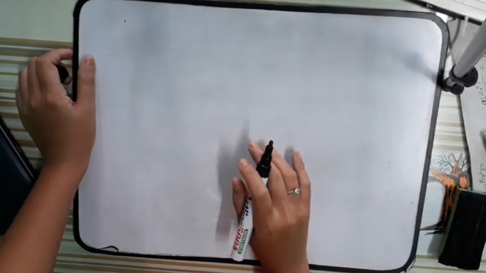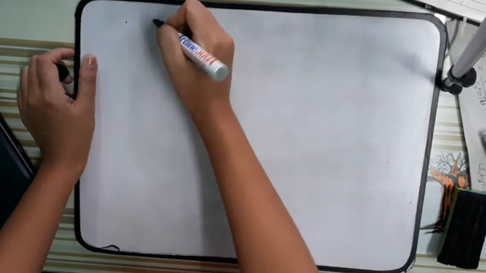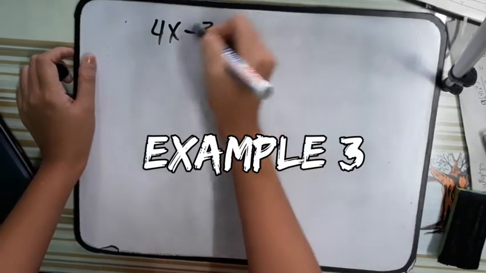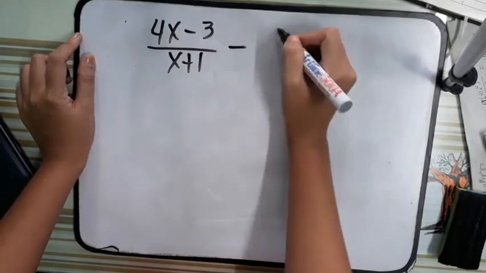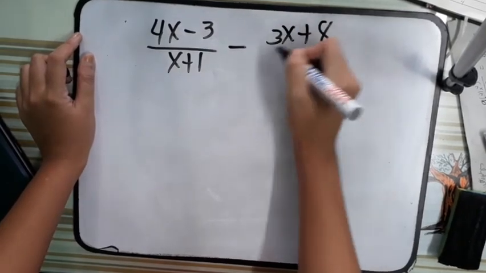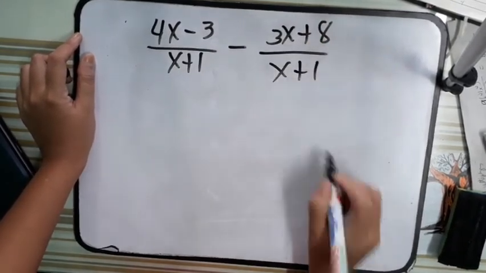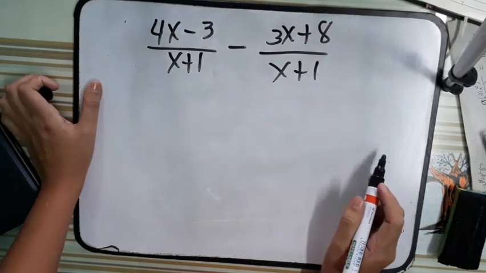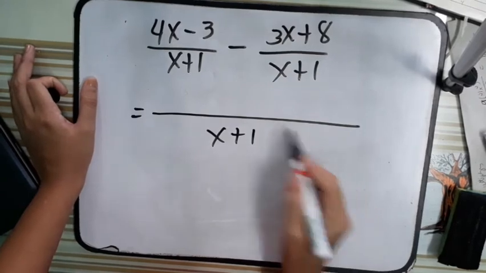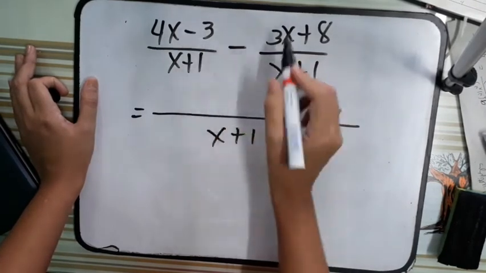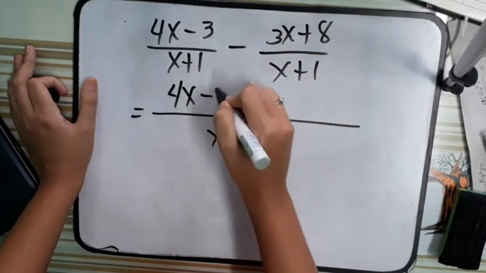Okay, let's have another example. So we have 4x minus 3 over x plus 1 minus 3x plus 8 over x plus 1. Let's copy the denominator x plus 1, then proceed on subtraction of the numerators. So we have 4x minus 3.